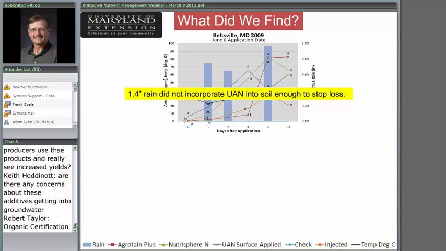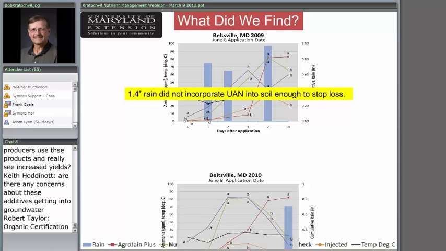What we found with those 2 rain events, we were not able to incorporate UAN into the soil enough to stop loss, as you can see it occurred with Nutrisphere N or with the UAN that was unprotected. That was a very interesting finding. Now this, again, was a very sandy site, rather porous soil, and we had fairly warm temperatures during that period of time.